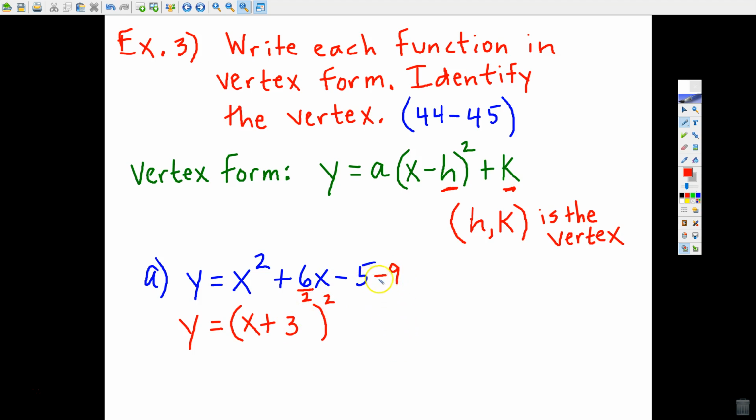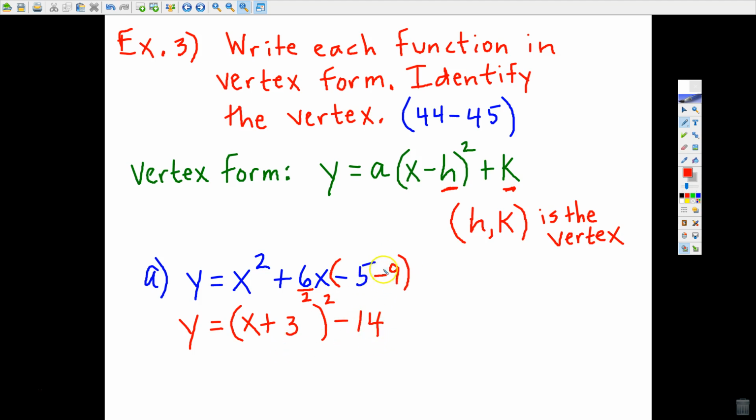You always subtract this number squared. Okay, and you can tell we're almost in vertex form already. The a in our vertex form is really 1. It's invisible. So to get the rest of our vertex form, we just need to put those two constants together, and we got it. That's all there is to it.